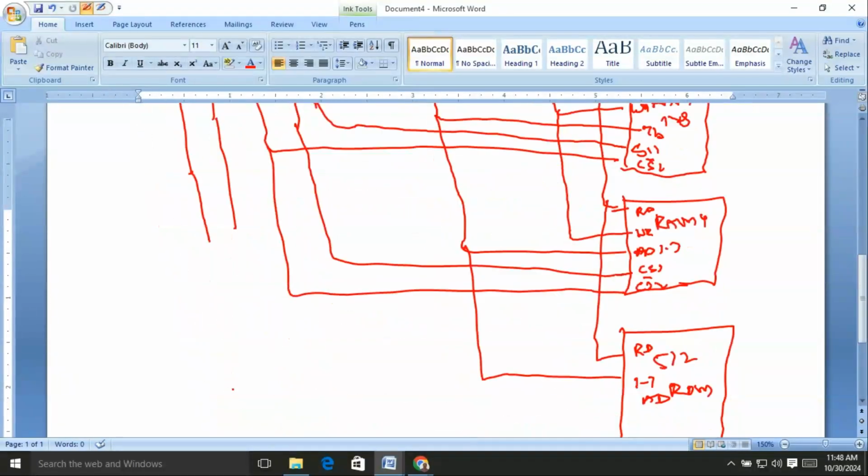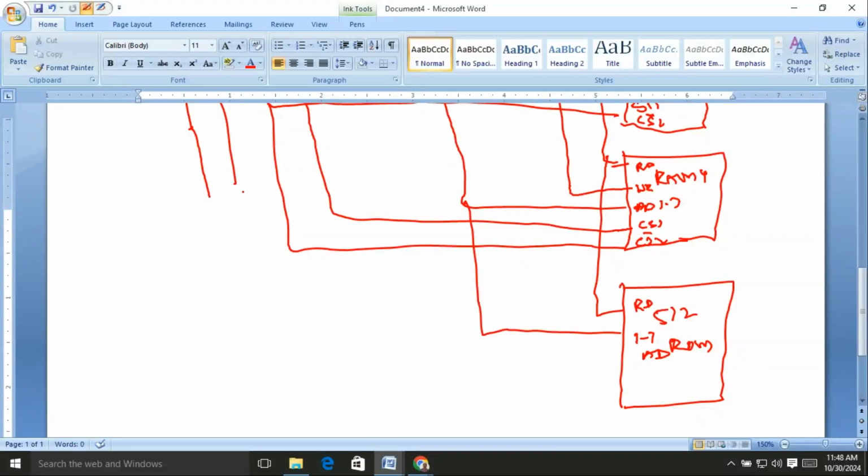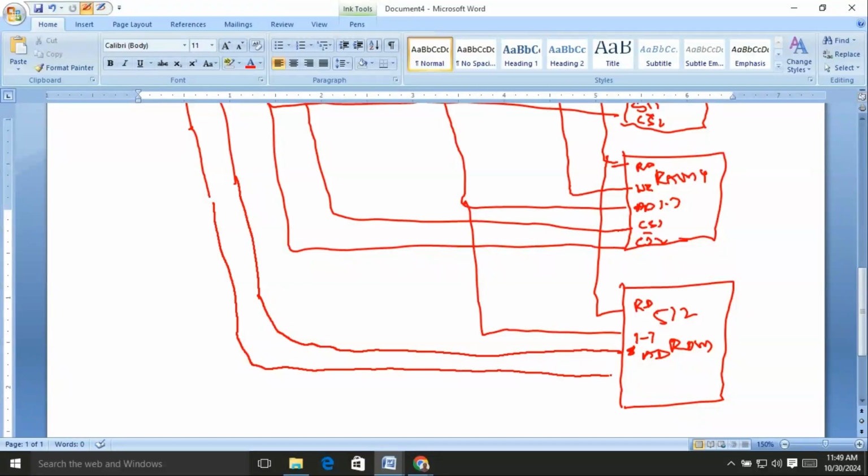This is the 8th bit, and this is the 9th bit of the address lines to address anything.